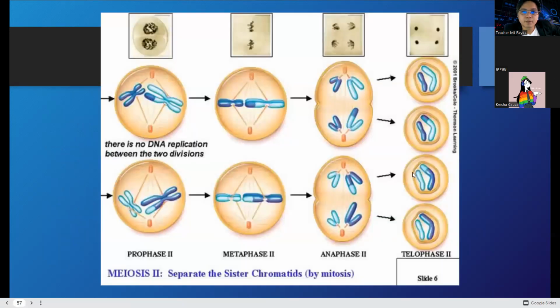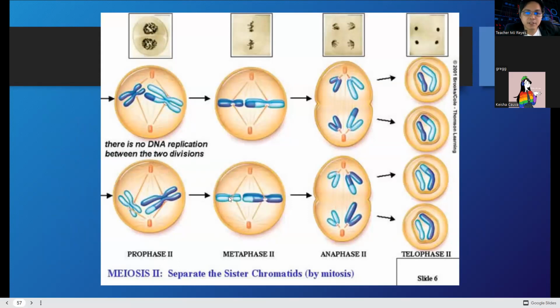As you can see, this is meiosis 2. In prophase 2, the cellular membrane breaks up, and the centrioles move in opposite directions in preparation for pulling.